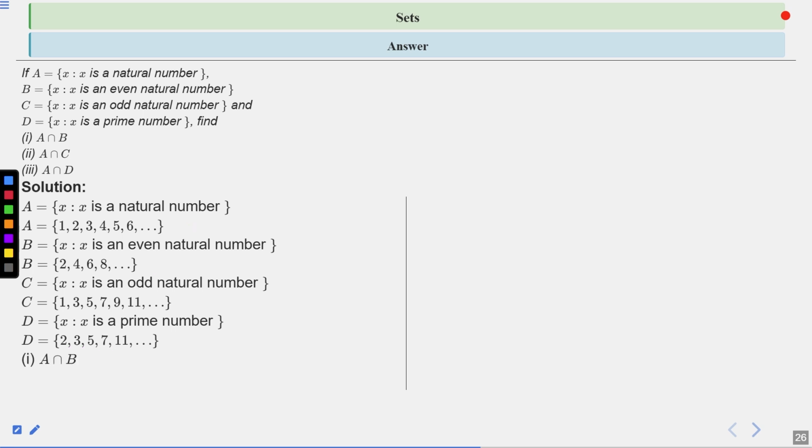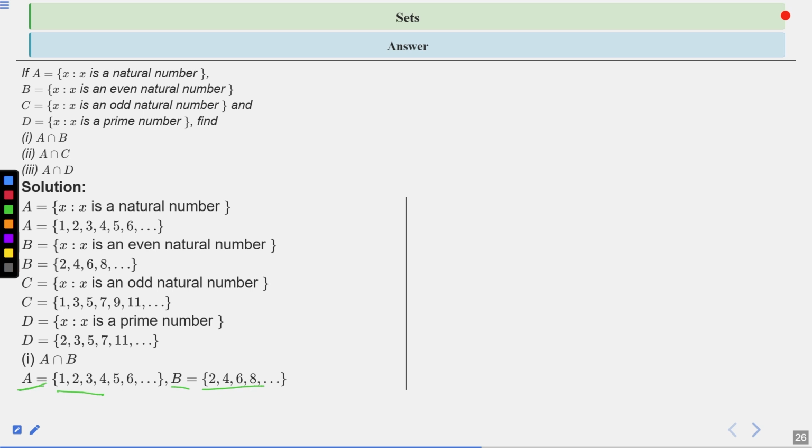Now for the first part, A intersection B. A intersection B is the set in which you collect the common elements from set A and from set B, meaning you collect natural numbers, and those natural numbers which are even. So A in roster form and B in roster form are already given.